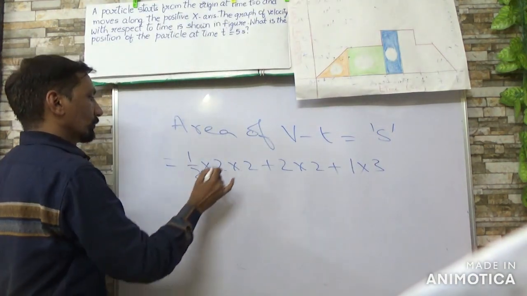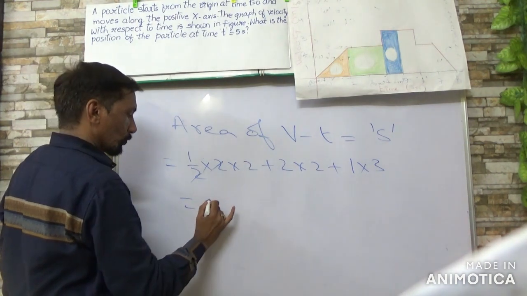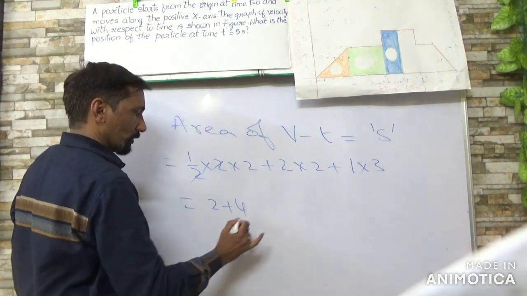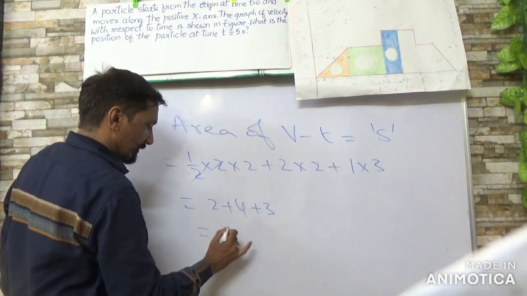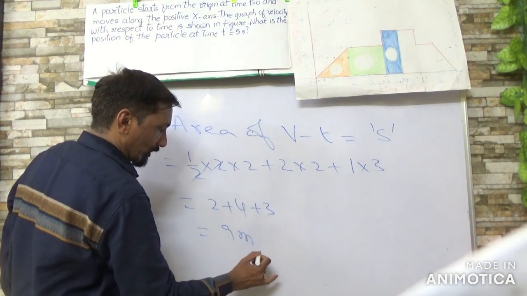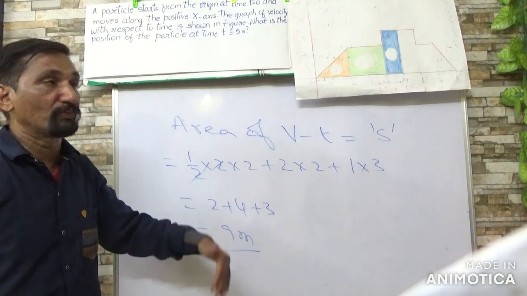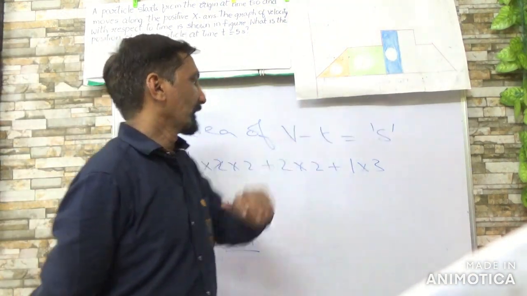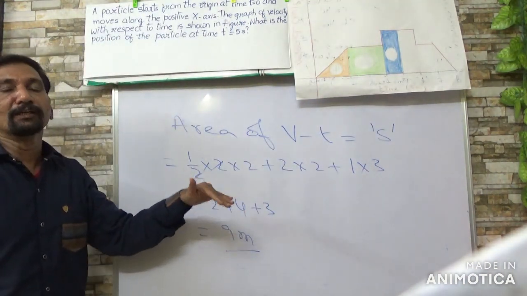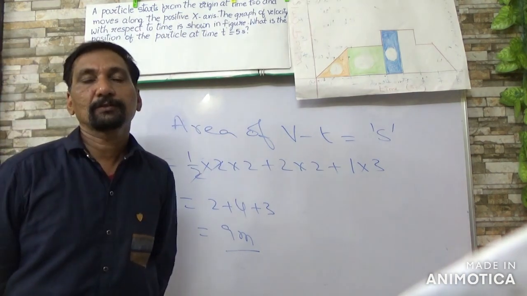So 2 plus 4 plus 3, 9 units, nothing but 9 meters, meaning its displacement after 5 seconds becomes 9 meters. Okay.